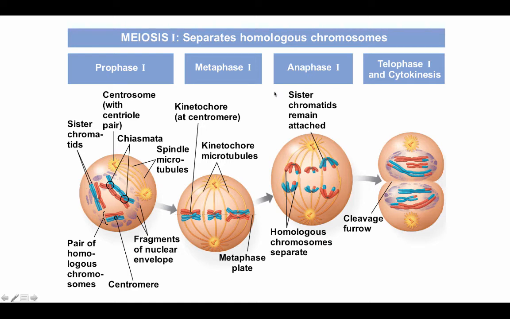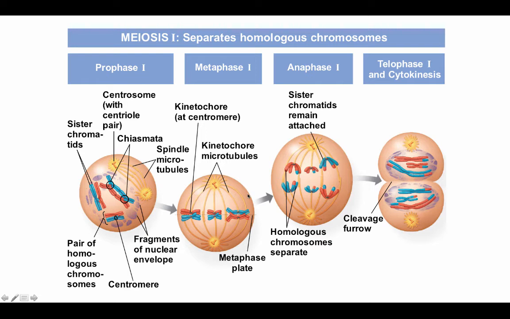So we're going to have prophase 1 in meiosis 1, in which the spindle microtubules assemble to form a spindle apparatus in exactly the same way that you saw in mitosis. The chromosomes are going to condense, having been replicated. They're going to condense down into that form in which you can visualize them microscopically.